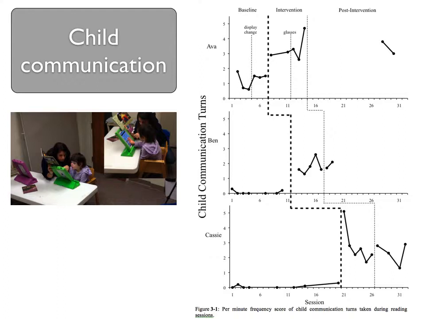Let's talk about trend. Let's look at Ava, that top. So in baseline, over the first 3 points, we see a deceleration. And then it shoots back up and gets stable over the last 3 points.